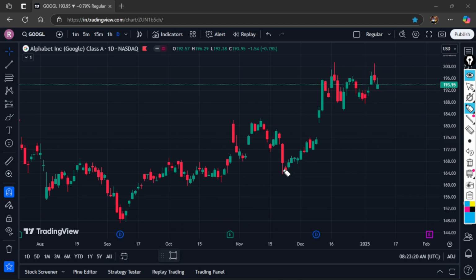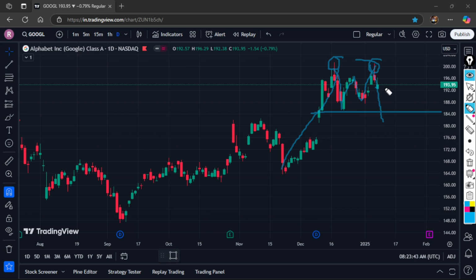See here, first buyers come, then sellers try to sell, again buyers come, sellers try, buyers come and sellers try. See, if it has to make a double top, then price has to go downside.